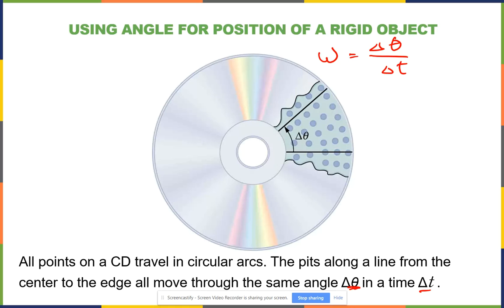if you include direction. We're not going to include direction for now, but I'll just tell you. To get the direction for this, you use your right hand. You wrap your fingers the direction that it rotates, and your thumb gives you the direction of the angular velocity. So the angular velocity for this CD is coming out of the screen. You think about that and you get a little confused. But if you were to try anything else, a piece here is moving that direction, a piece here is moving that direction.